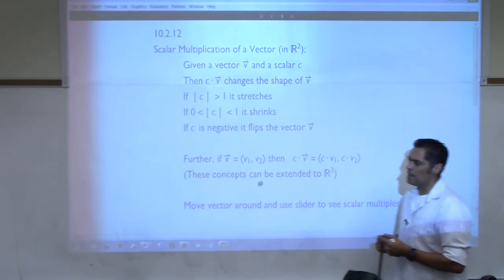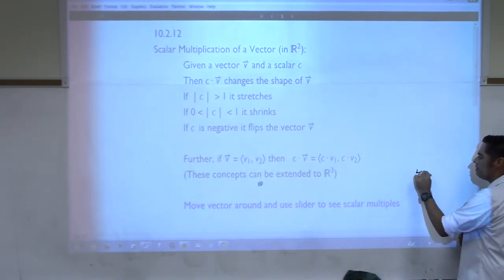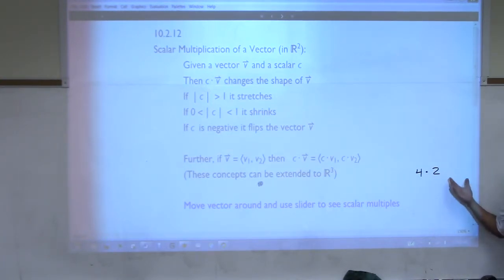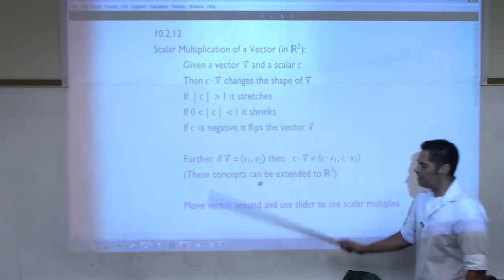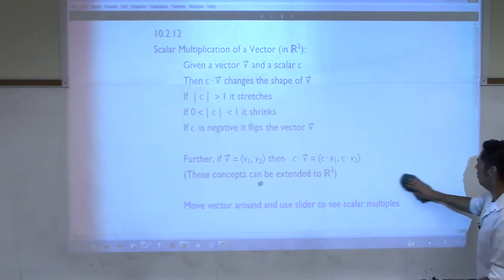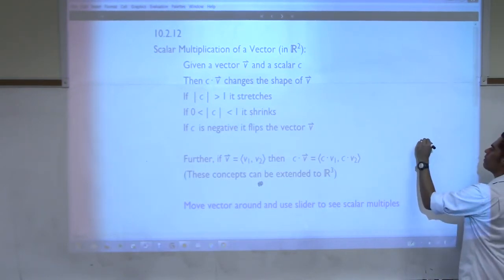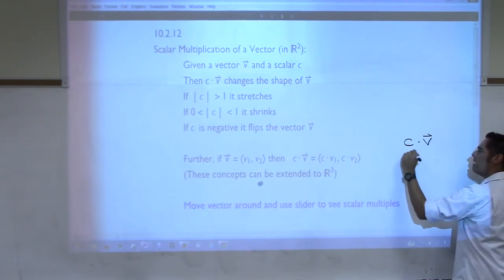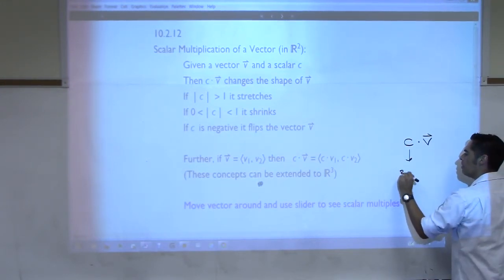When we learned multiplication, you could take any number, multiply it times any other number, and you would get some result, 8 here. When we're saying scalar multiplication, what we're saying is what happens when you take a vector and multiply it times a number, a real number.